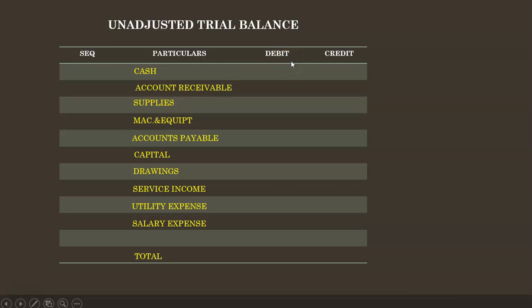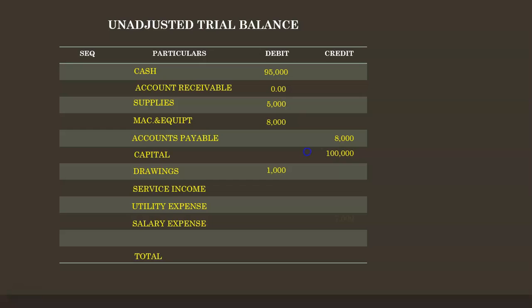Kukunin natin yung total ng bawat account title. Okay? Cash is 95,000. Account receivable, 0. Supplies, 5,000. Machineries and equipment, 8,000. Accounts payable, 8,000. Capital, 100,000.